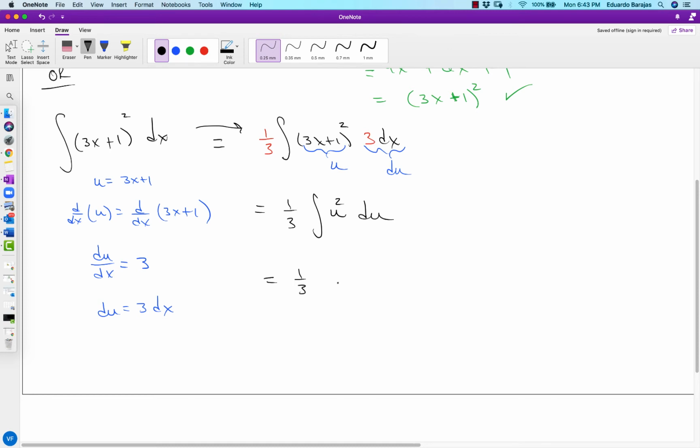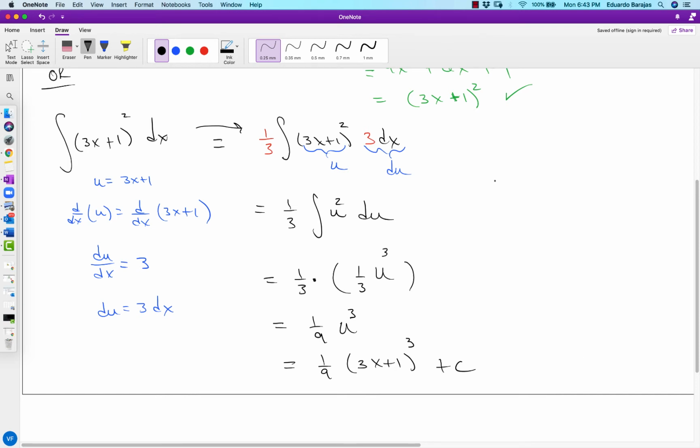That's just going to be equal to 1/3 times u to the power of 3 times 1/3. The derivative of this gives you u squared. Good. So this is going to be equal to 1/9 u to the third power. Now we substitute our u value once again and say that this is equal to 1/9 (3x plus 1) to the power of 3 plus some constant.